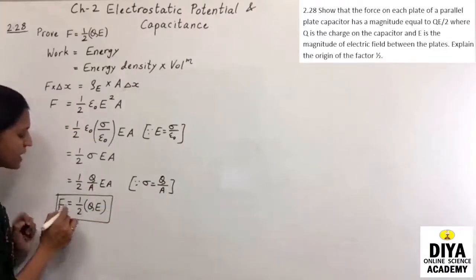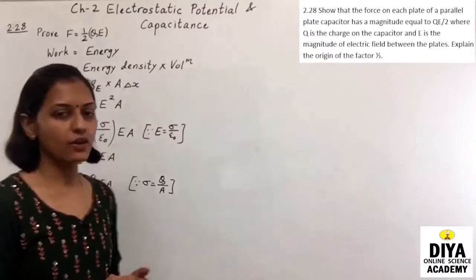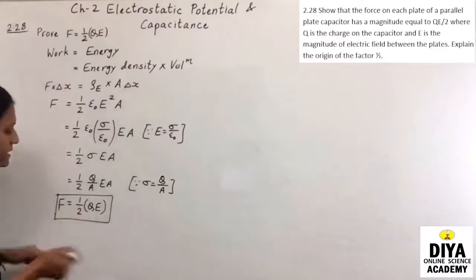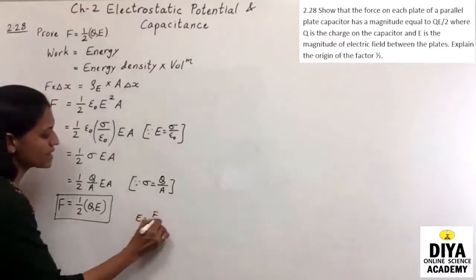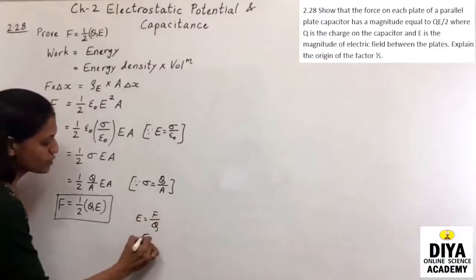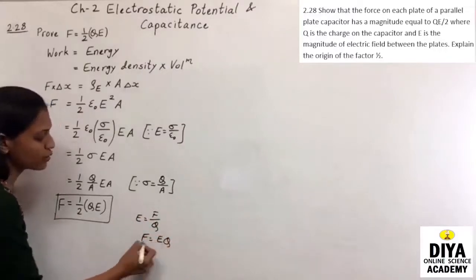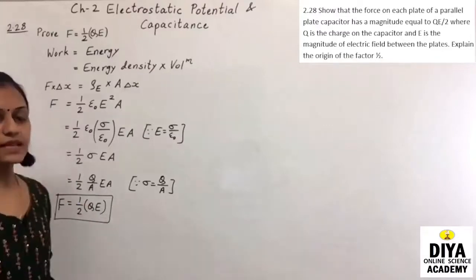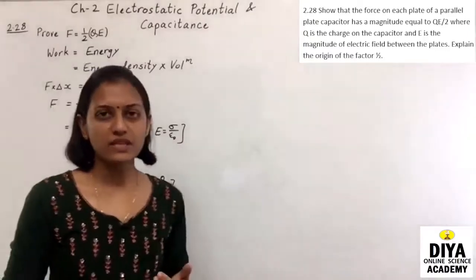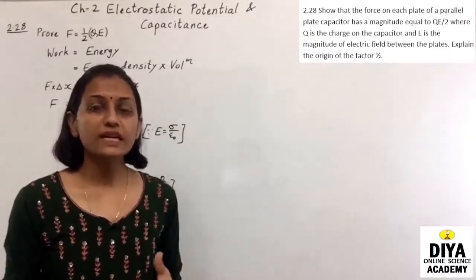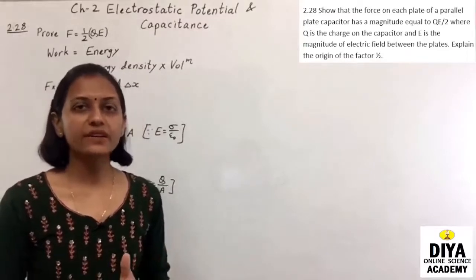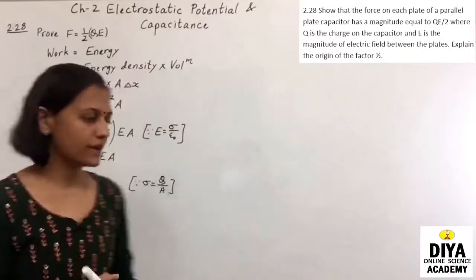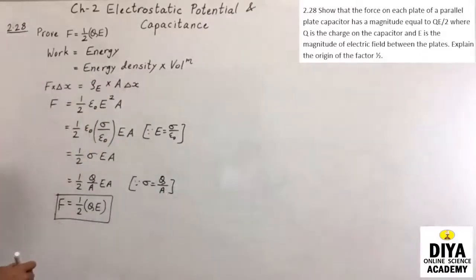Now further it has been asked what is the reason of origin of this 1 by 2 factor. So because we know that E equals to F by Q, right? So F should be equals to E into Q or Q into E. Why does this 1 by 2 appear? So the reason is inside the plate the electric field will be 0 and outside it will be E. So average electric field will be E plus 0 by 2, right? So that is why this 1 by 2 factor appears.